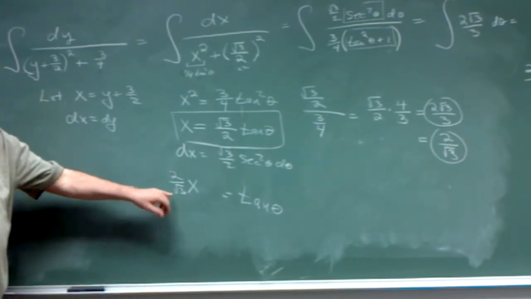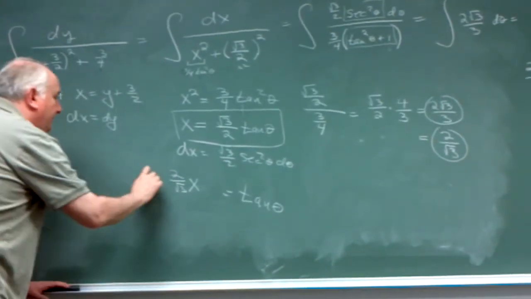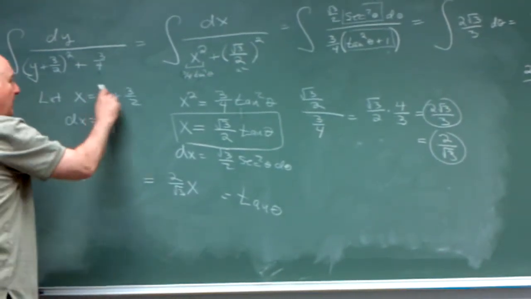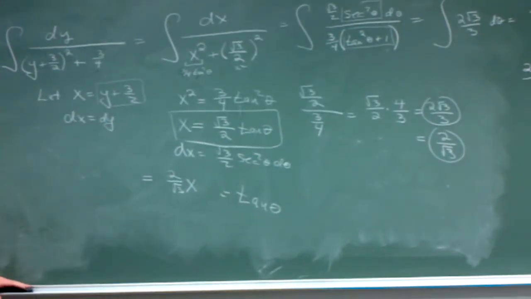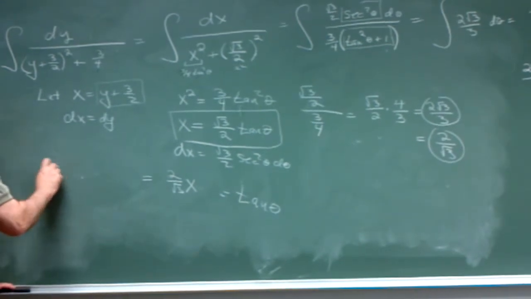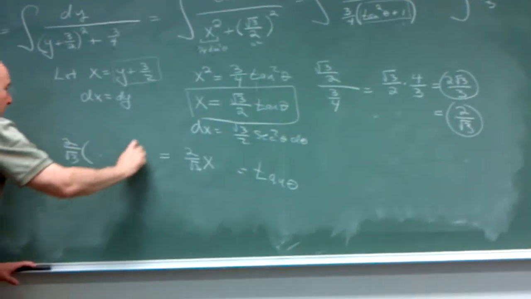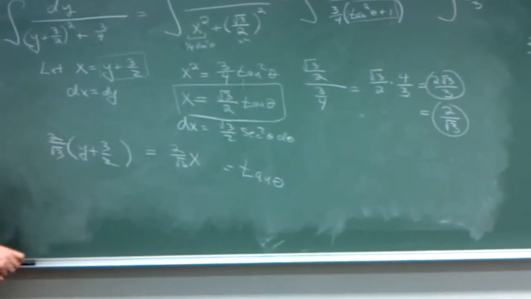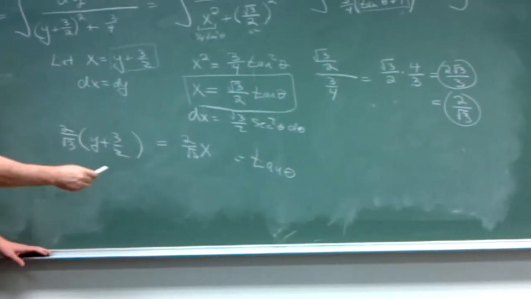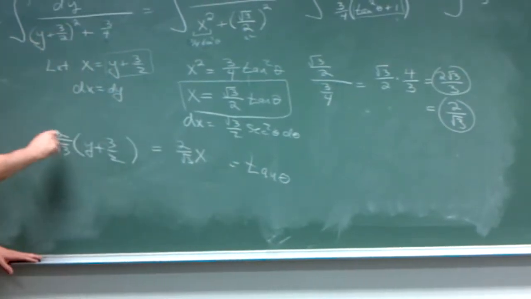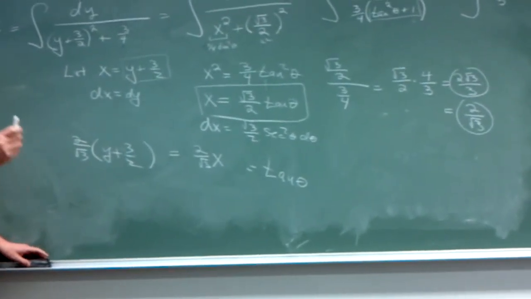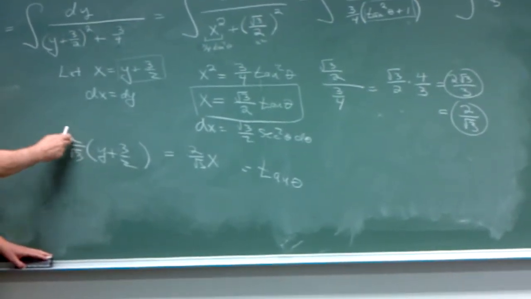But x is holding the place of y plus 3 halves. So that's 2 over root 3 x, which is y plus 3 halves. So the tan of theta is 2 over root 3 times y plus 3 halves. But again, I think you prefer this as 2 root 3 over 3.